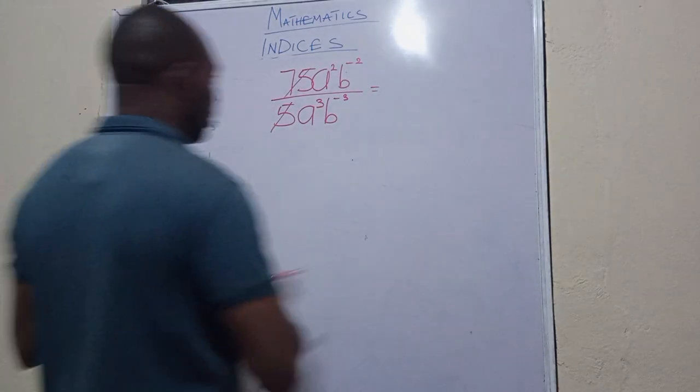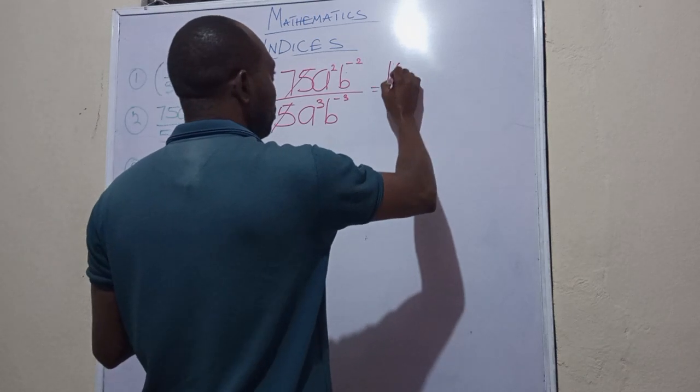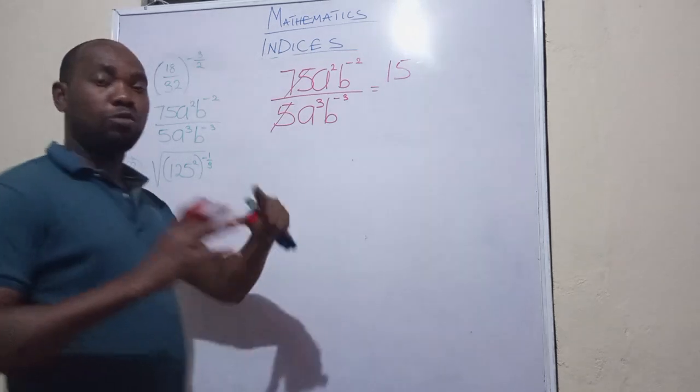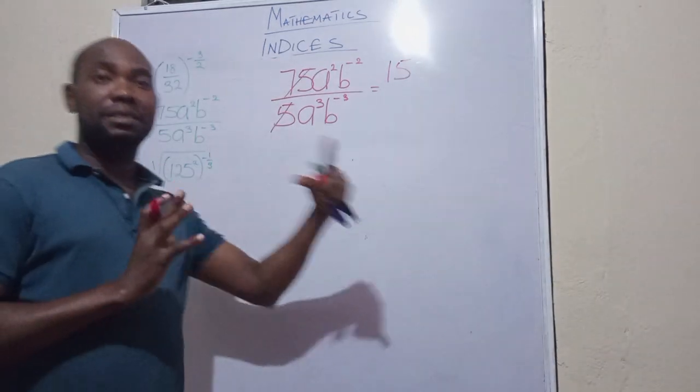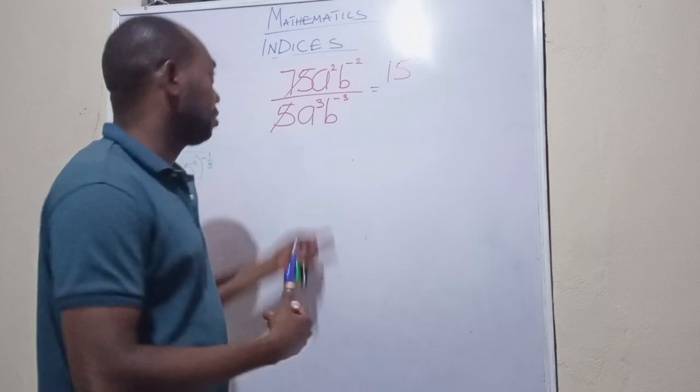So 75 divided by 5 gives 15. Then remember that when two values are dividing, their indices subtract.